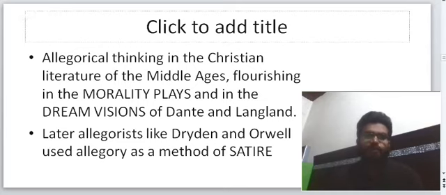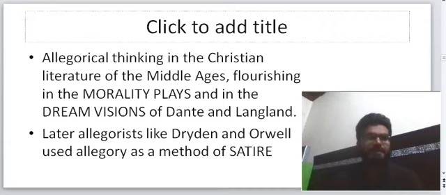Allegorical thinking was actually prevalent in the Christian literature of the Middle Ages, and it flourished in the morality plays which were written in the Middle Ages, mostly based on moral and biblical themes. So, the basic plot was taken from these moral stories or biblical stories, or in the dream visions of Dante and Langland, two poets.